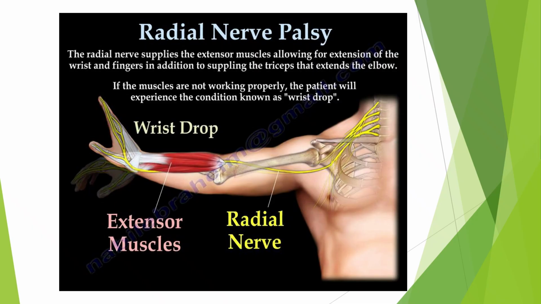This image is showing a wrist drop here, as there is damage to the radial nerve and hence the extensor muscles are not bringing about the extension. Contrary, due to the overaction of the flexors, there is wrist drop.